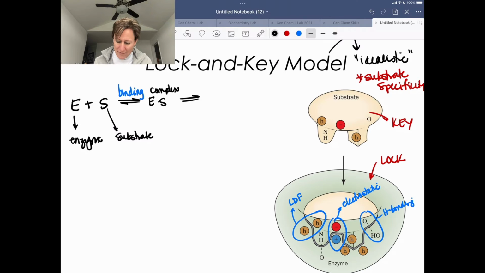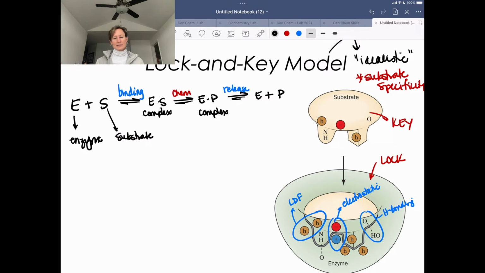But then we're going to have chemistry happen, and when that chemistry happens, we generate an enzyme product complex. Importantly, we then have the release of that product to have enzyme and free product.